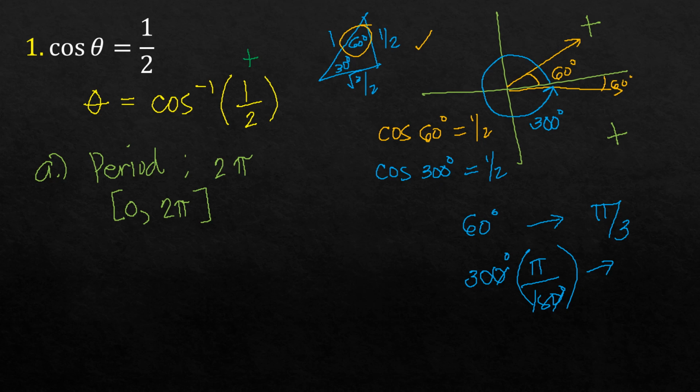So 300 divided by 180 will give us 5 pi over 3. Now these two are the solutions on the period 0 to 2 pi, on the interval of the period. We have two solutions, pi over 3 and 5 pi over 3.